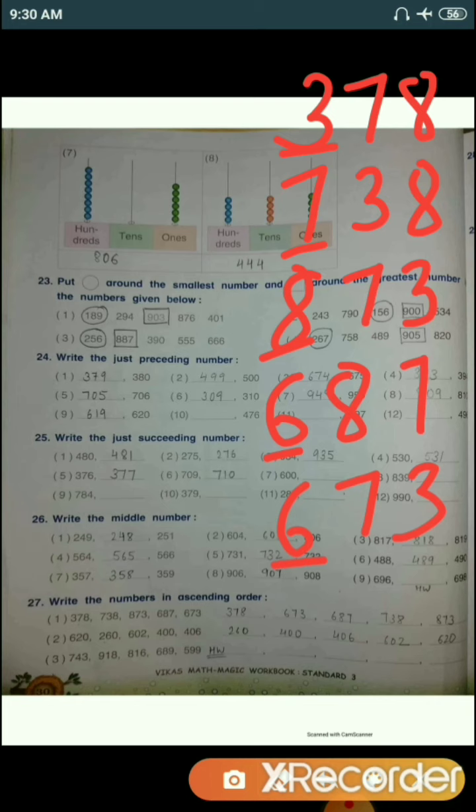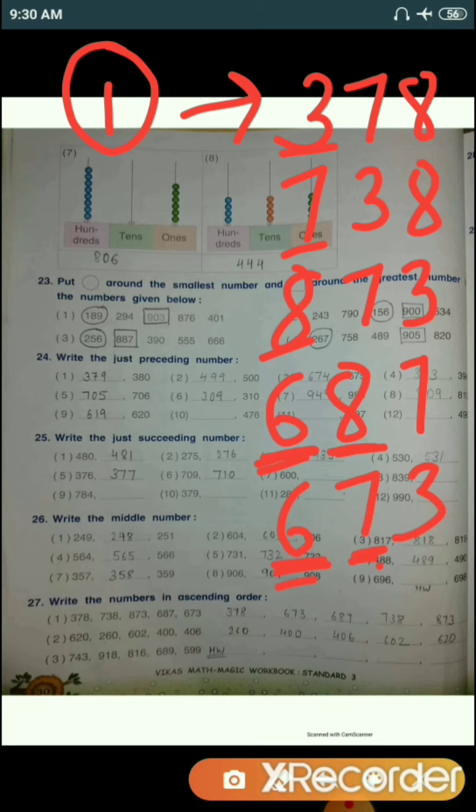Now again we are going to concentrate on the first digit. In ascending order, we first concentrate on the smallest digit. So which one is the smallest? 3 is the smallest number, so it will come in first position. After 3, 6 is there. But we can see here two 6s are there, so we are going to see the next digit, 8 and 7.